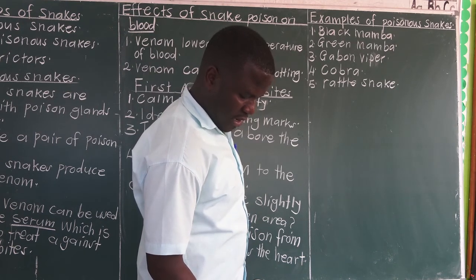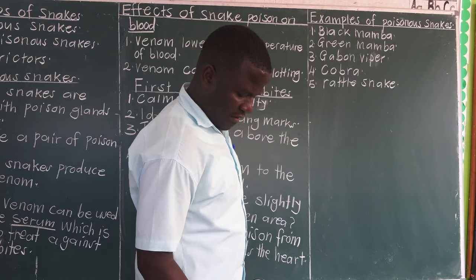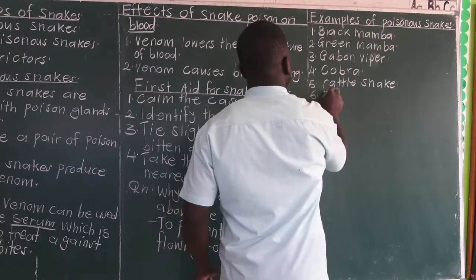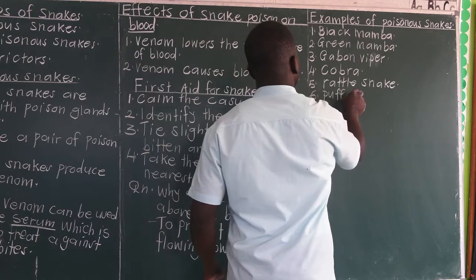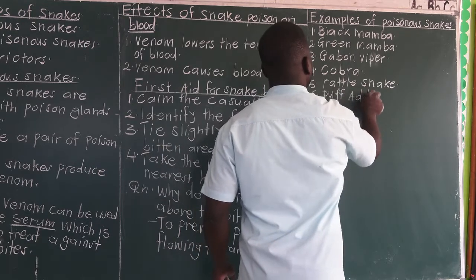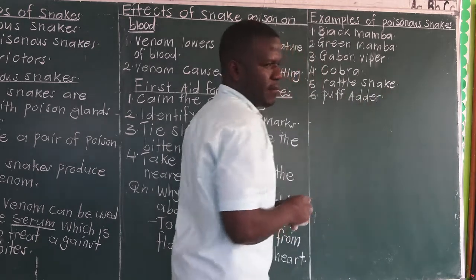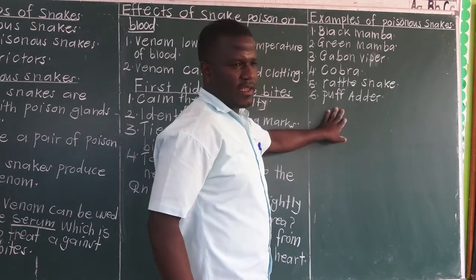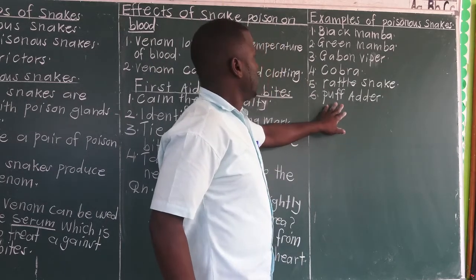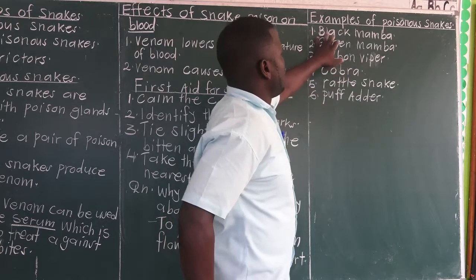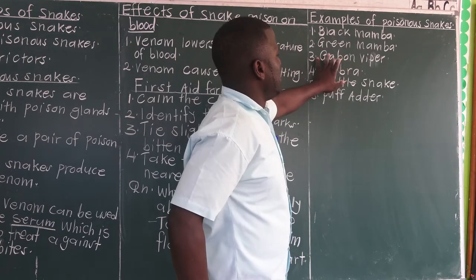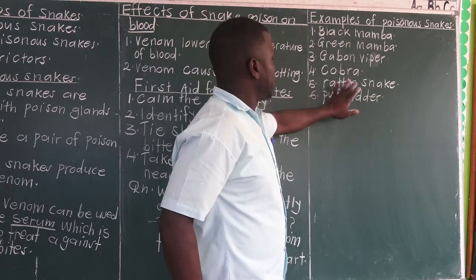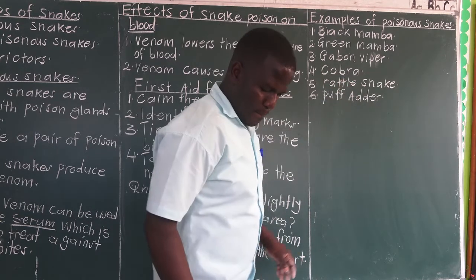Then there's another one called puff adder. Puff adder is also a poisonous snake.